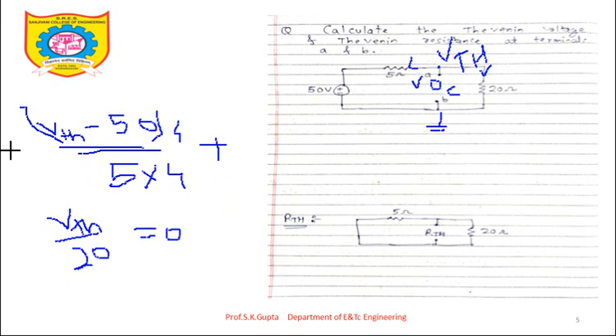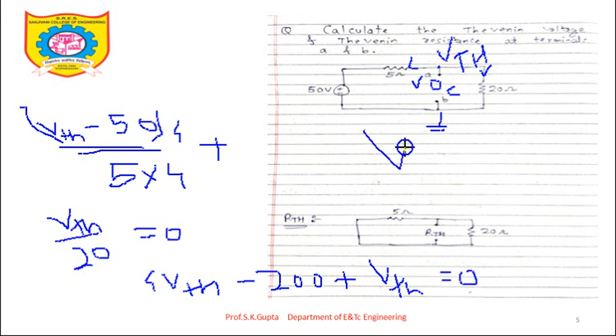So now the equation is 4 VTH minus, I am multiplying with this 4, so 4 into 50 is 200, plus VTH equal to 0. If you solve this, VTH comes out as 200 upon 5, which is nothing but 40 volt. So the VTH for this circuit is 40 volt.